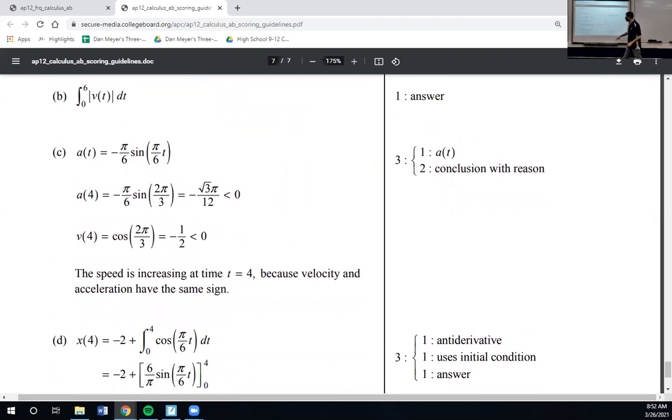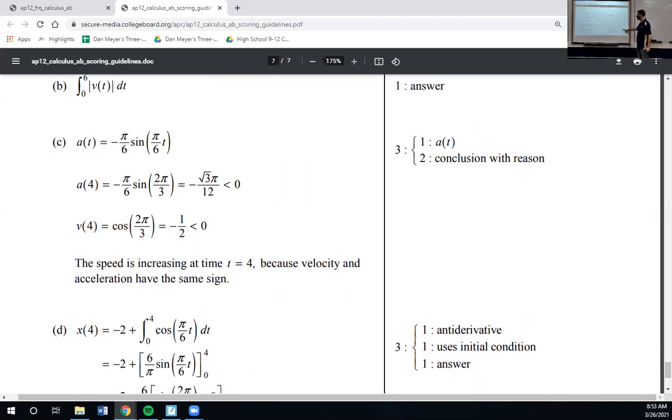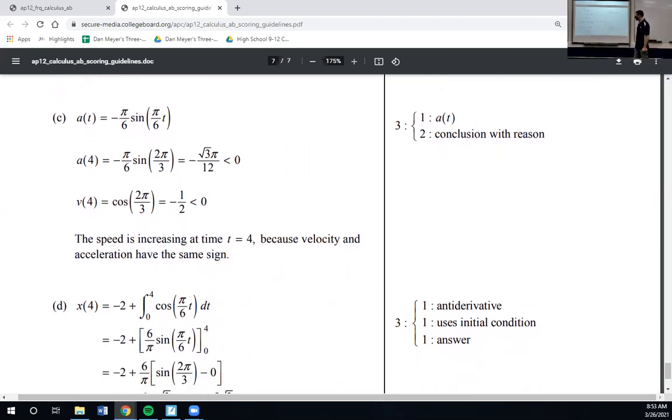So there's your antiderivative. Antiderivative of cosine is sine. We have a pi over 6 that we would need to cancel because of the chain rule. So we need a 6 over pi in there. And then plug in 4 minus plug in 0. Plug in 0, we get out 0. Plug in 4, we get that sine of 2 pi over 3.